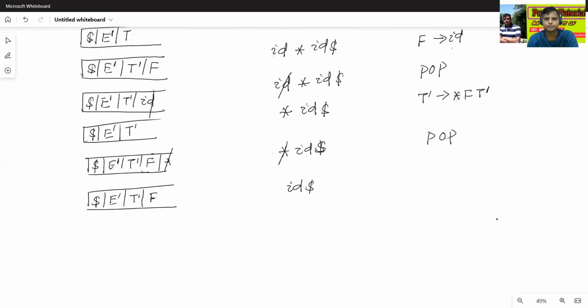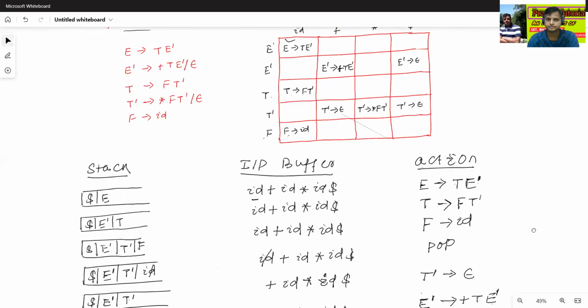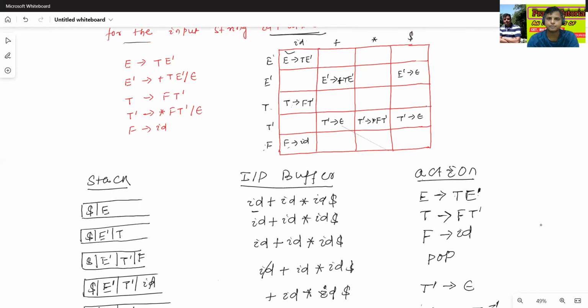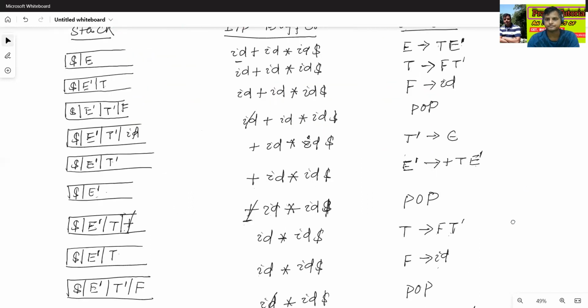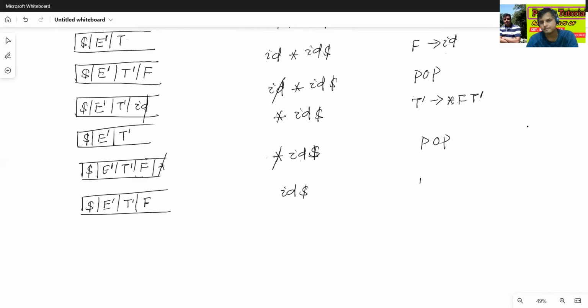Okay, so M[F, ID]. Now we'll check it here. F to ID means F to ID.